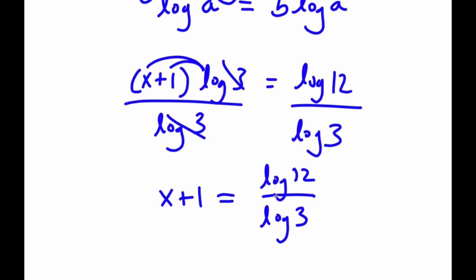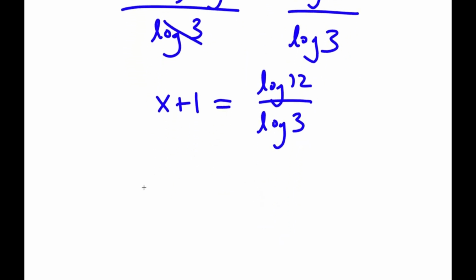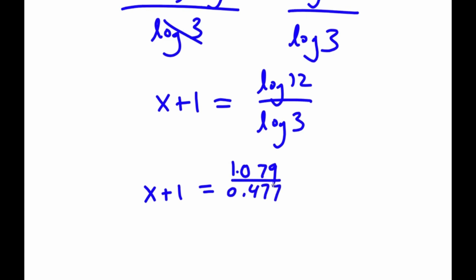So log 12, you could just simply plug this into a calculator. The value of log 12 is approximately 1.079. And log 3, you could also put that into a calculator, that's going to be 0.477.